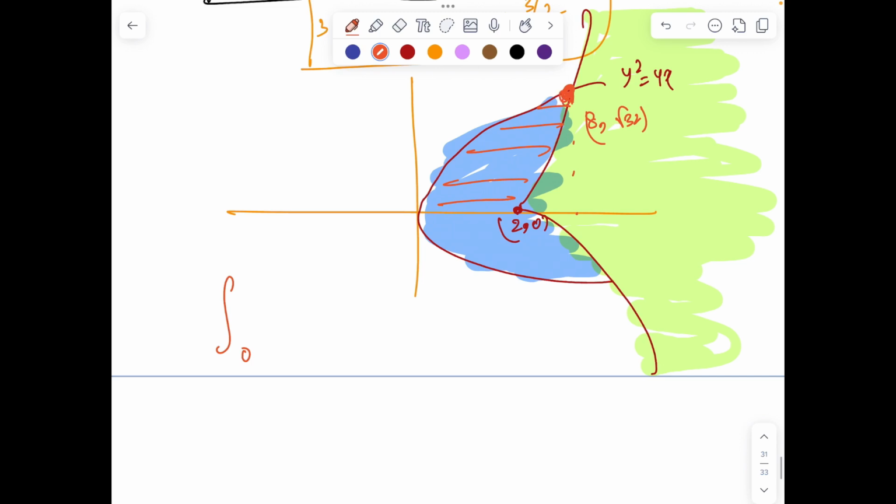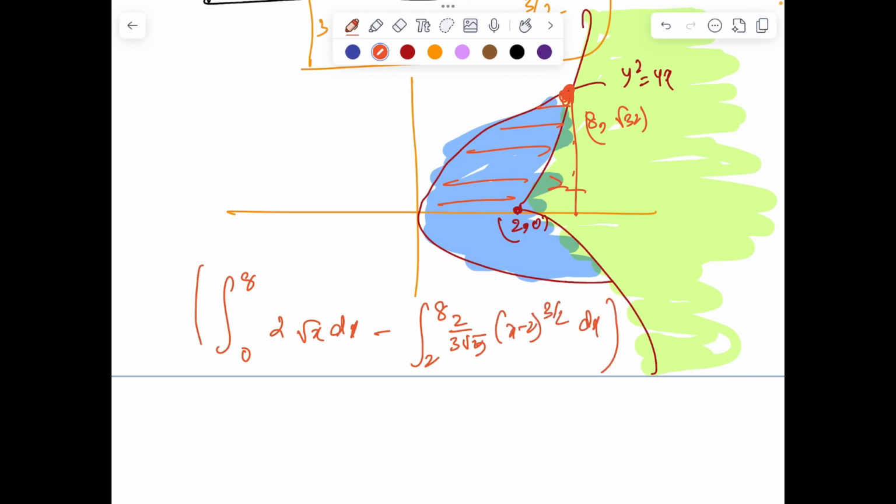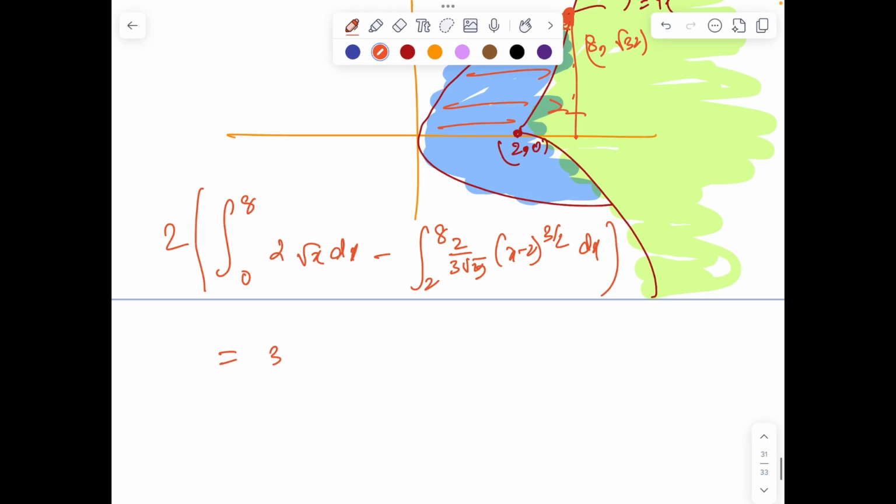So once we find this, we'll get the integral from 0 to 8 of 2 times root x dx, minus the integral from 2 to 8, and this area we need to subtract, of 2 by 3 root 3, root 3 x minus 2 to the power 3 by 2 dx, and this times 2. If you evaluate this, you will get 352 root 2 by 15.